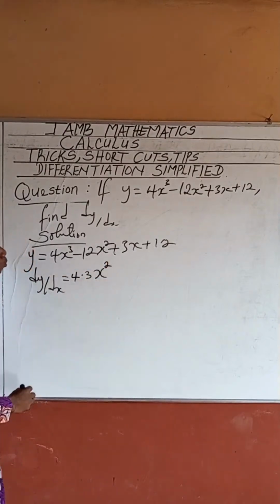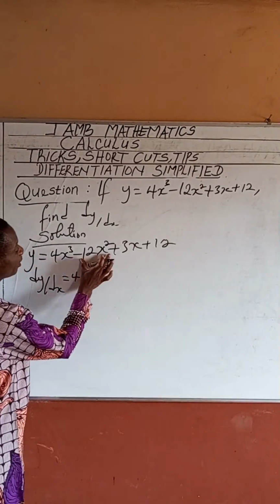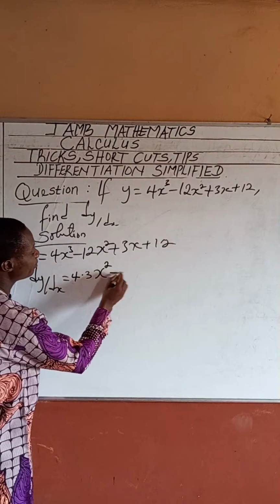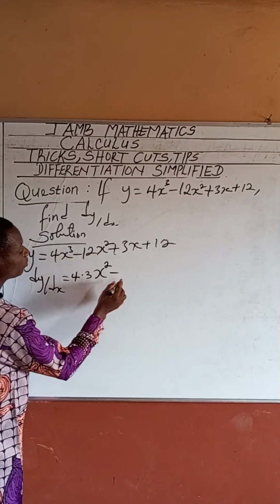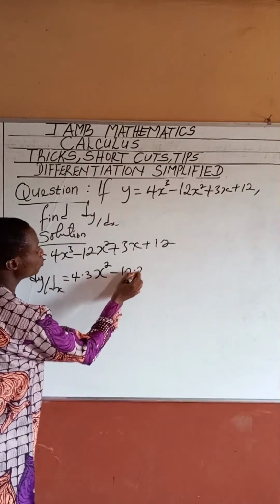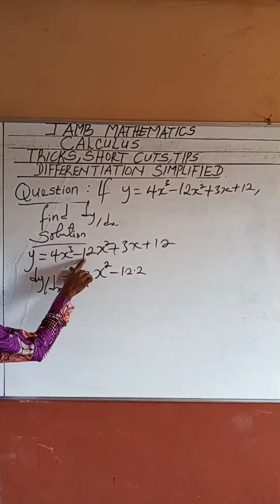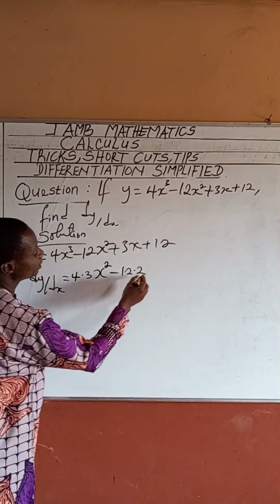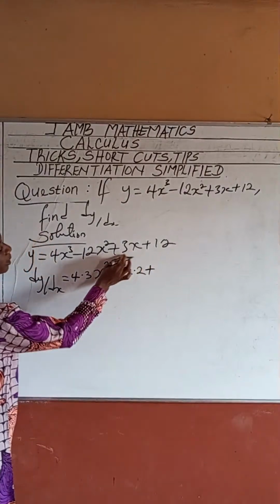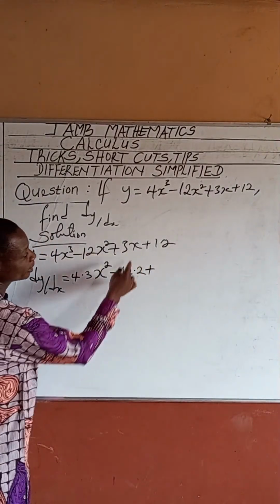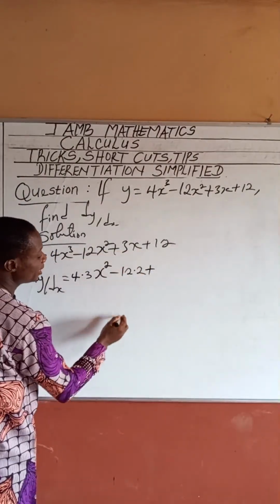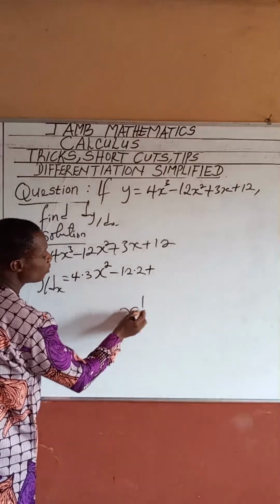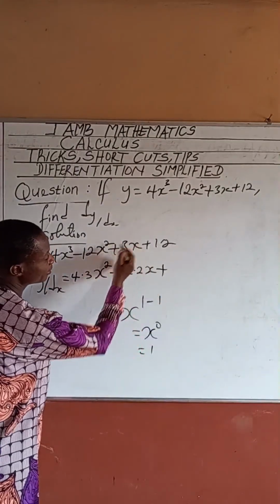That becomes 2 here. Then right here we have our minus still left. Nothing is changing it. We have 12 times 2. This 2 will come down to multiply the 12 here. Then the x will vanish, because x is the same as x raised to 1. That is in this case.